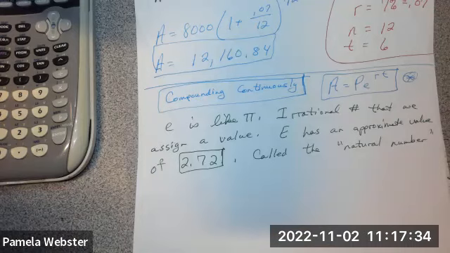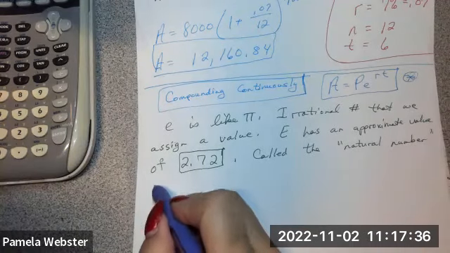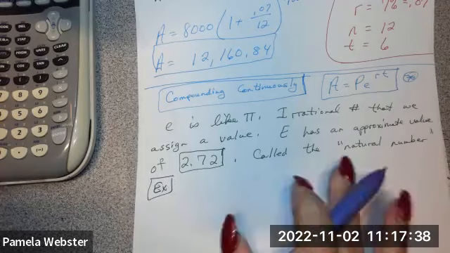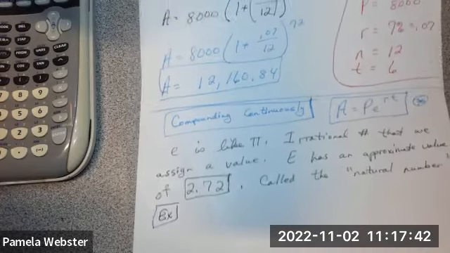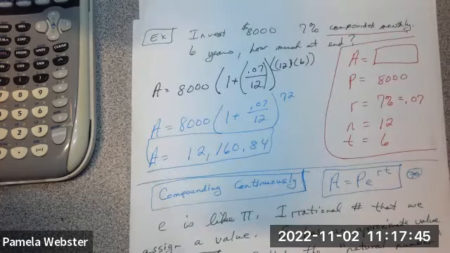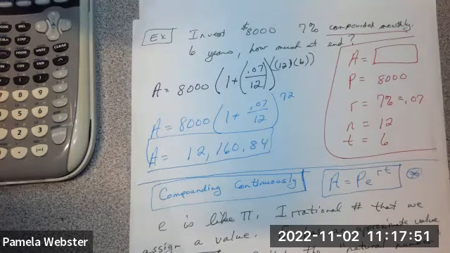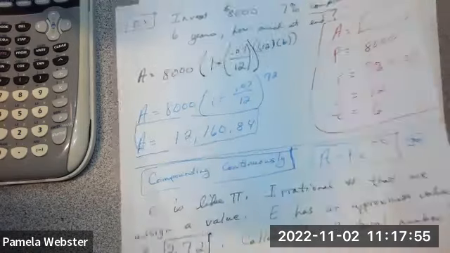Okay. So the example for this is actually going to be the second part of the example we did earlier. In the example earlier, it said we invest $8,000 at 7% compounded monthly, okay? So instead of the 7% compounded monthly, we're going to put the same amount of money in.